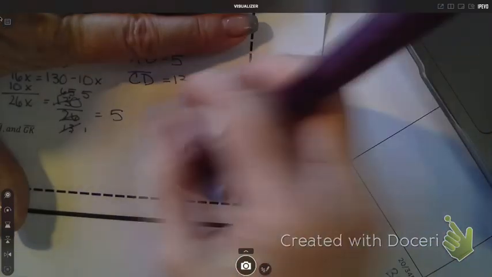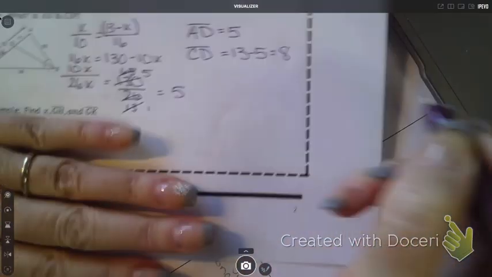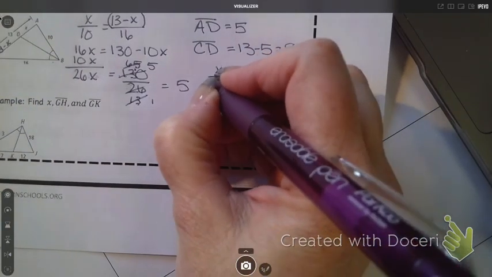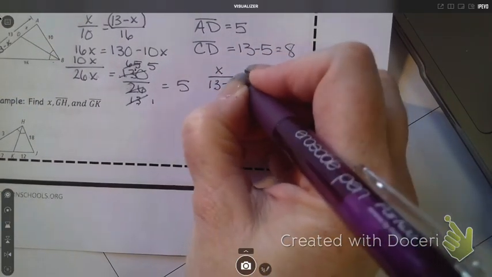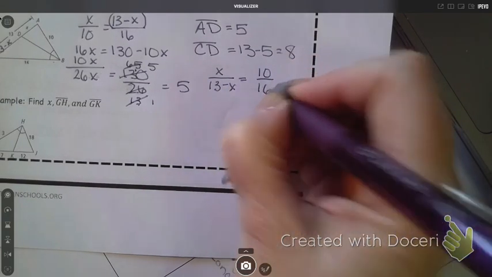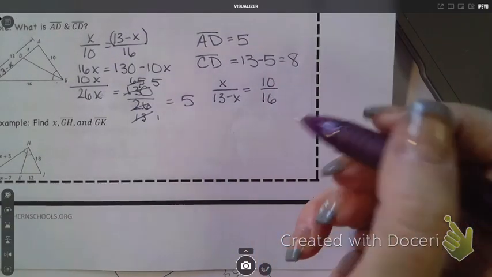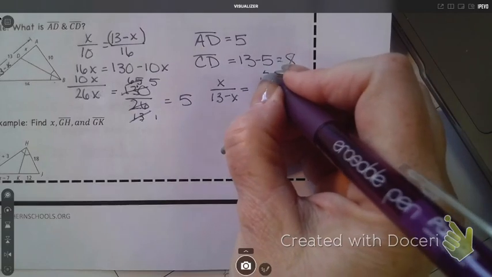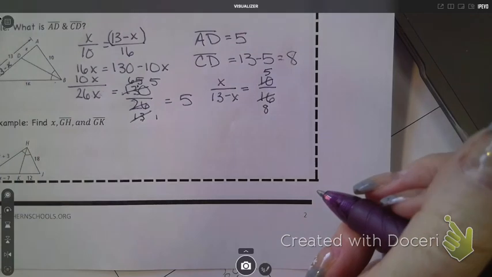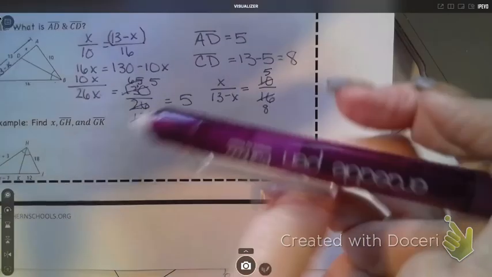Now, the reason why I said we could have made that easier: if I would have set this up as X over 13 minus X equals 10 over 16, would I have been able to reduce 10 and 16 first before I multiplied? Mm-hmm. Yes. And I would have had 5 and 8, which would have probably made my number smaller and easier to deal with. But we got there, right?